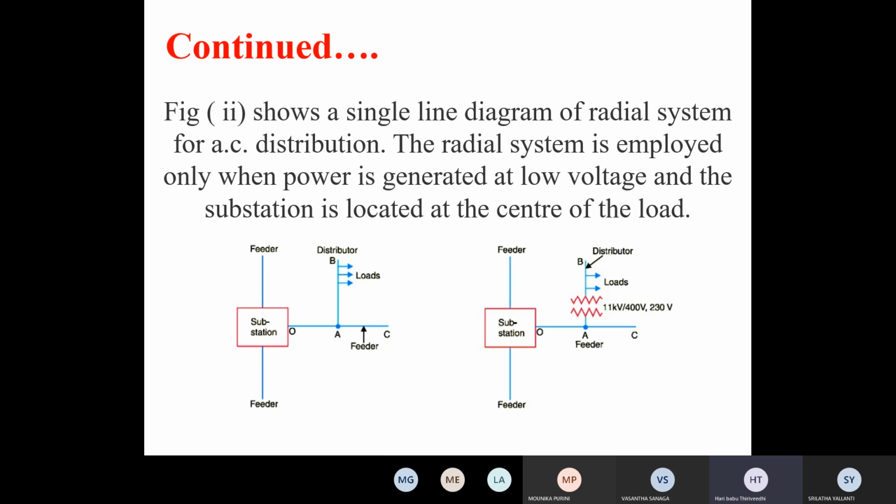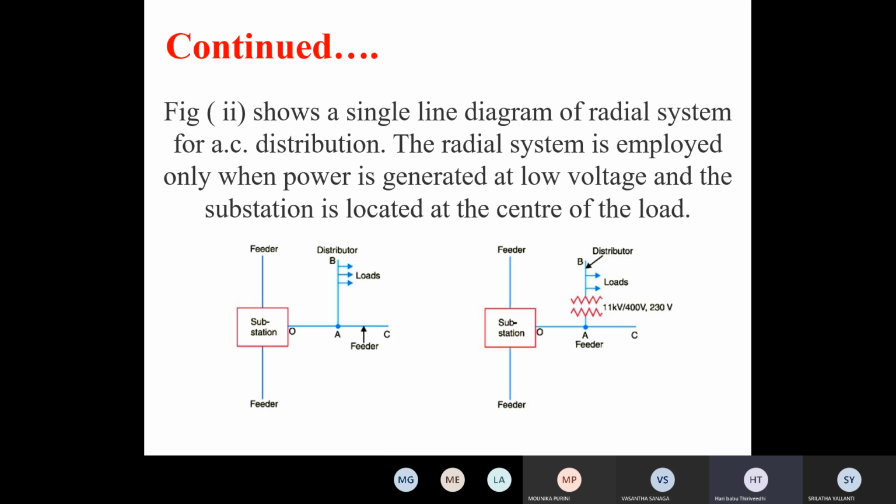Suppose it is AB, AD, CD, DE, whatever the names may be. This is also another feeder. This feeder and that feeder do not combine together.